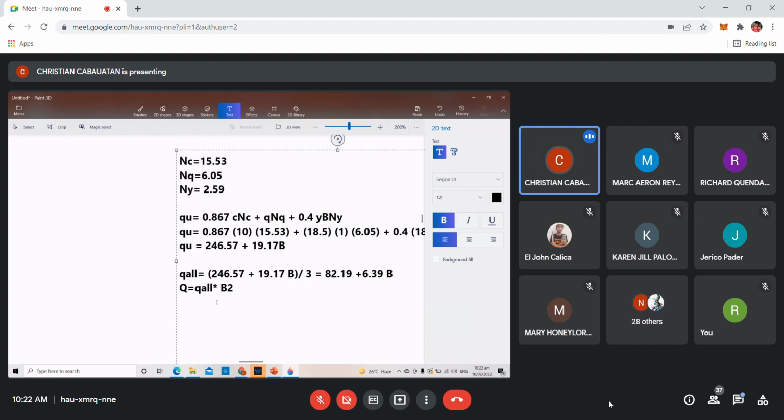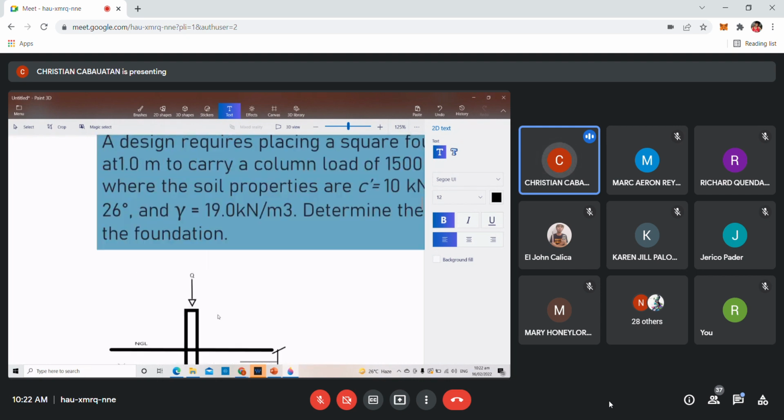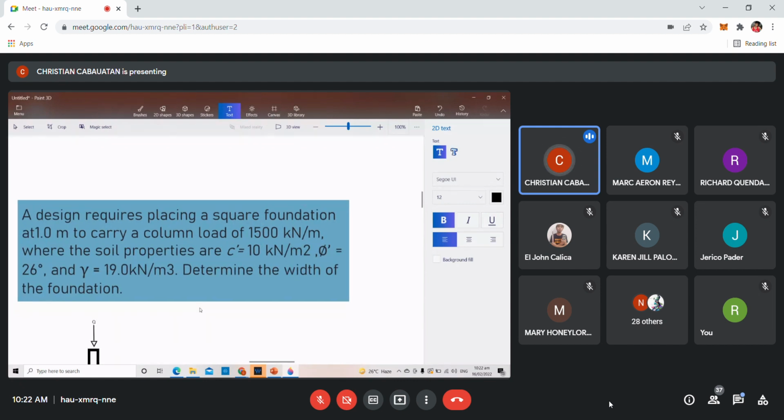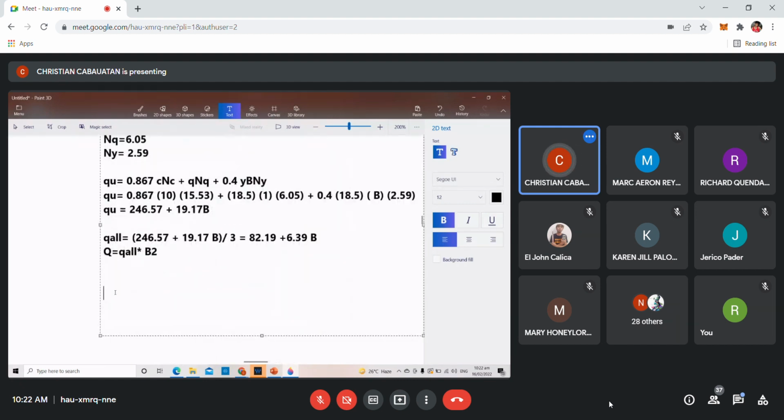Therefore, ang Q niya doon na load na binigay sa problem, it is 1,500. It is the column load, no? Kilonewton per meter. So, 1,500 kilonewton per meter squared divided by its B, which is yun yung hinahanap natin, B squared.